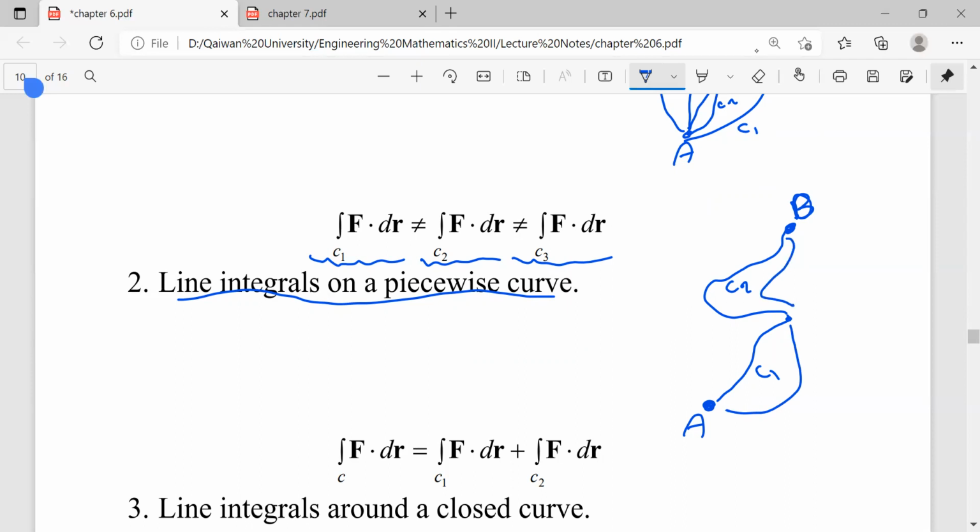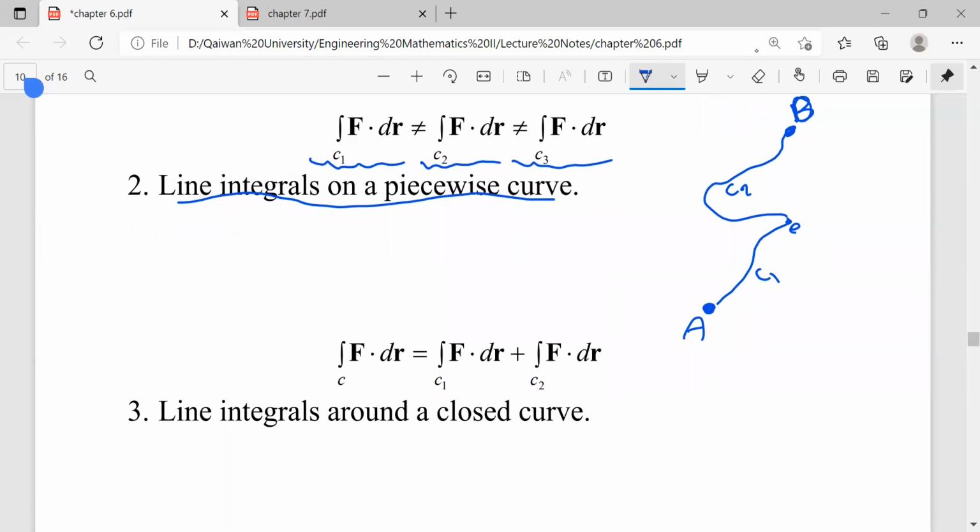We find the line integral over each of the curves, and then we find the sum. This is a piecewise curve. As you see, it has two parts. Let's say C1 is from A to E, and the other one is from E to B. Here is how to compute the line integral over a piecewise curve.